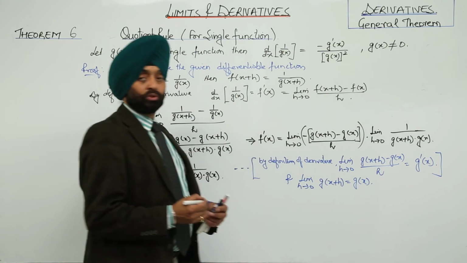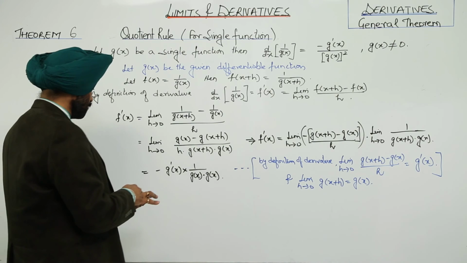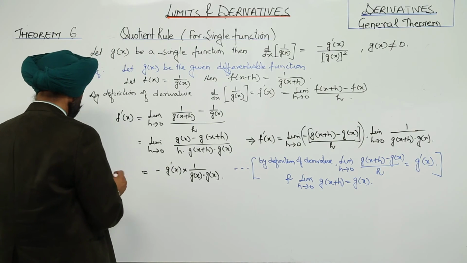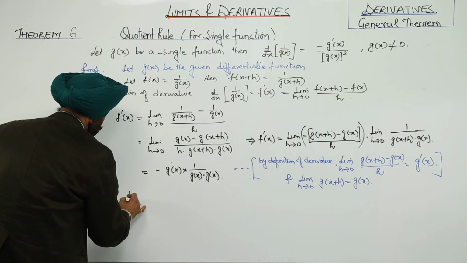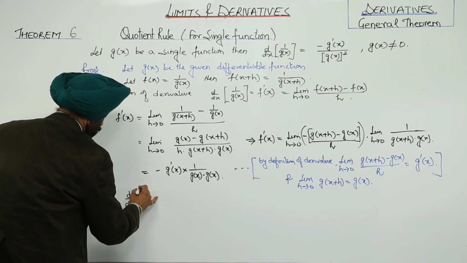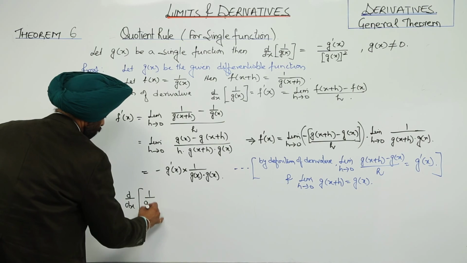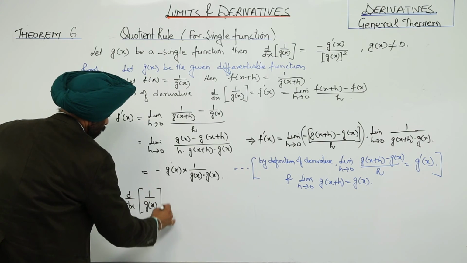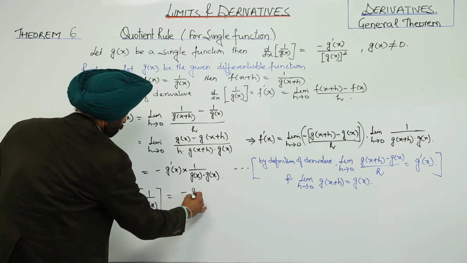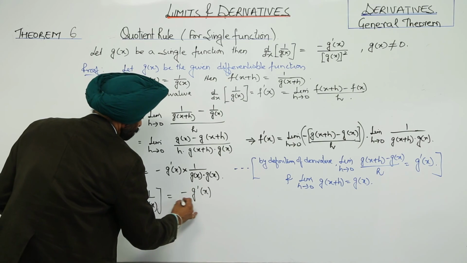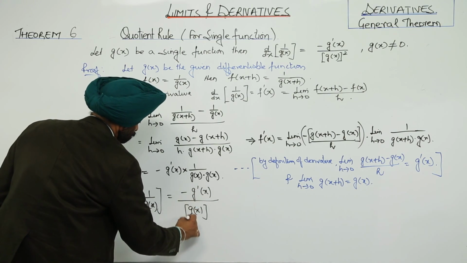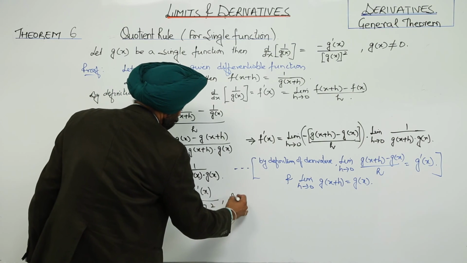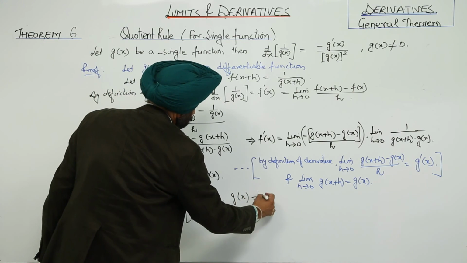So we have used these two things. It is equal to negative of g derivative x upon g(x) whole square, where g(x) is not equal to 0.